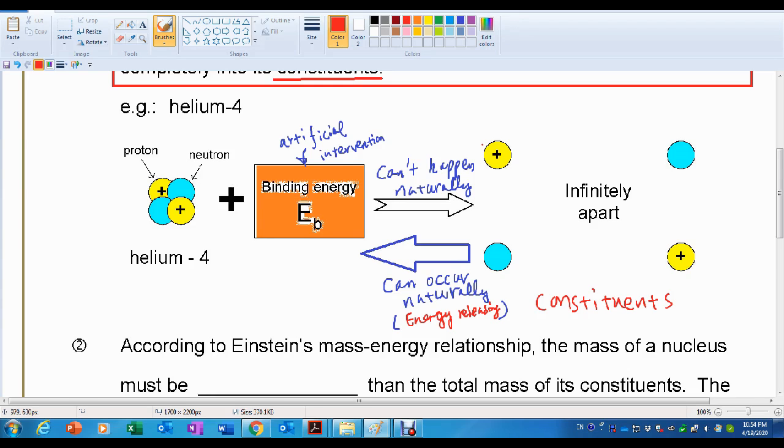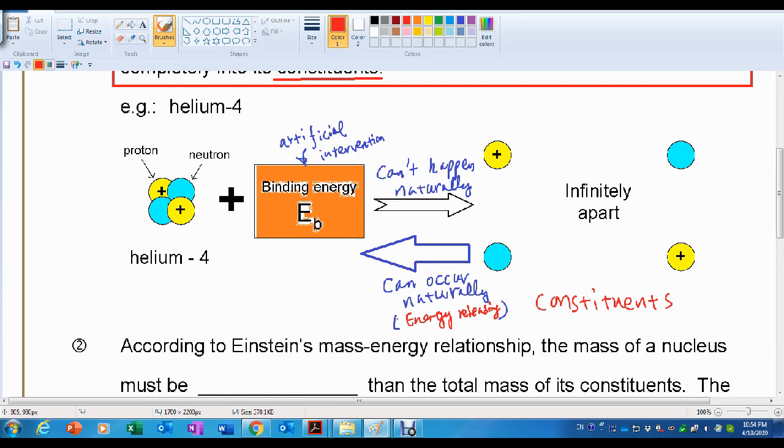So the problem is which side will have the bigger mass. Remember, whenever it occurs naturally, there must be a mass defect. Which direction is going to occur naturally? From right to left, from constituents to the nucleus.